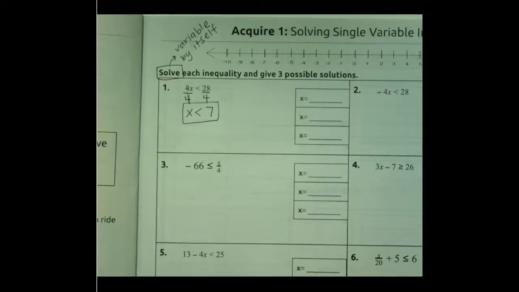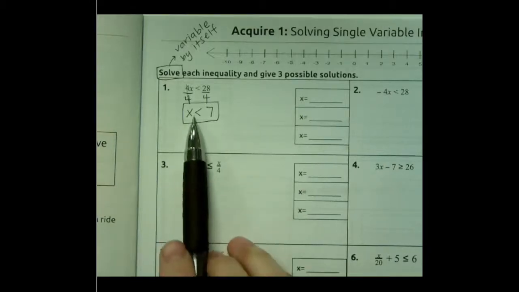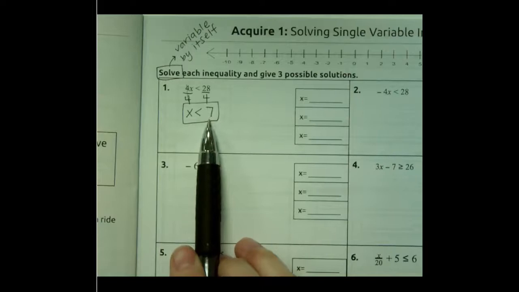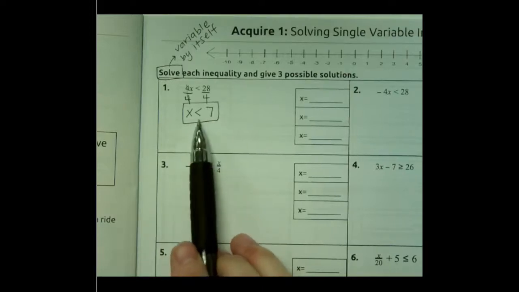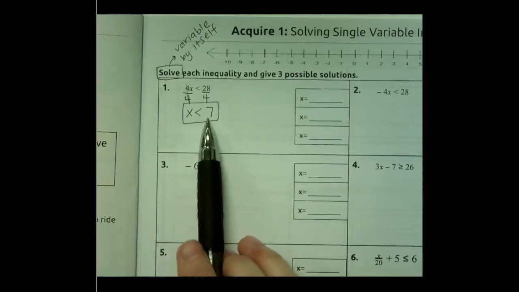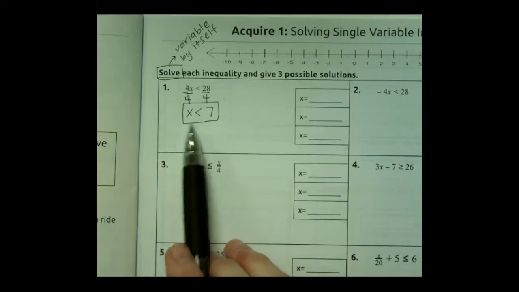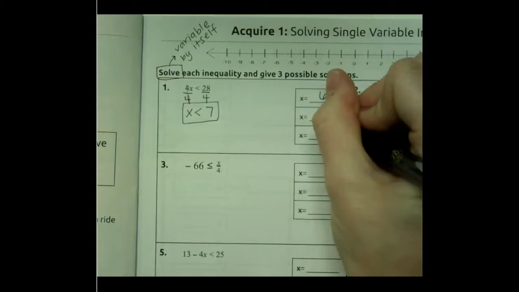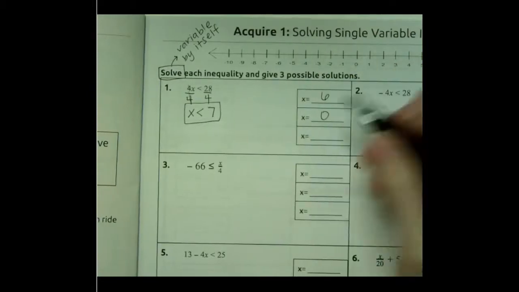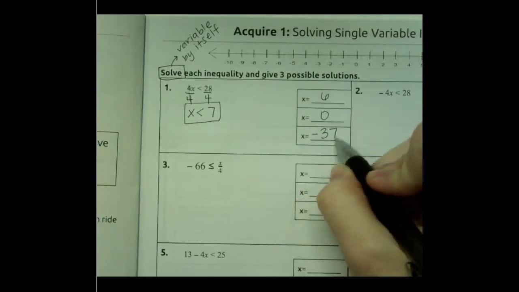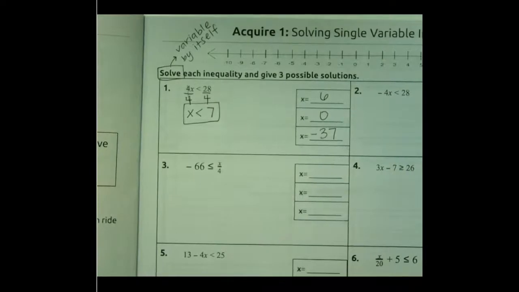That's my answer. Now, does x equal 7? No, there's no little equal sign below here. So x cannot equal 7, but it can equal anything less than 7. So it could equal 6, it could equal 0, it could equal negative 37. As long as it's less than 7, it works.